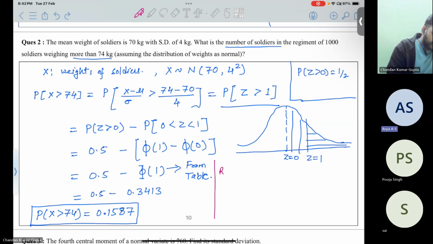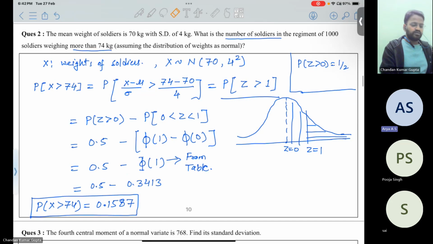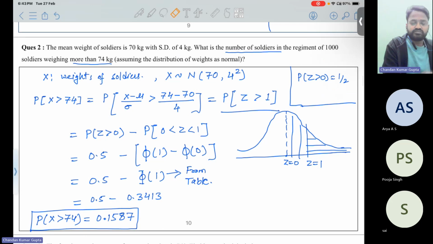Excuse me, sir, one doubt. How come the probability of z greater than 0 is equal to 1 by 2? Where is it given? As we discussed about the normal distribution, it has several properties, and one of the properties is its symmetrical nature.